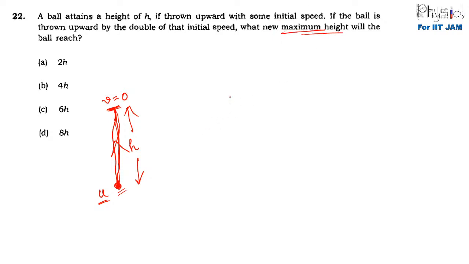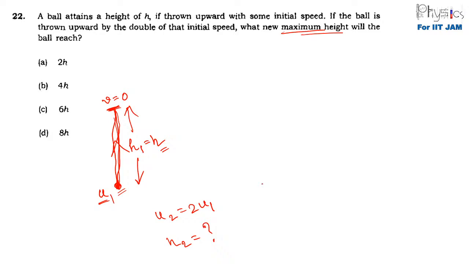That is, if it is u1, then u2 is twice u1, and if h1 equals h, then we need to find h2 in terms of this h. So tell me which one is the correct answer.